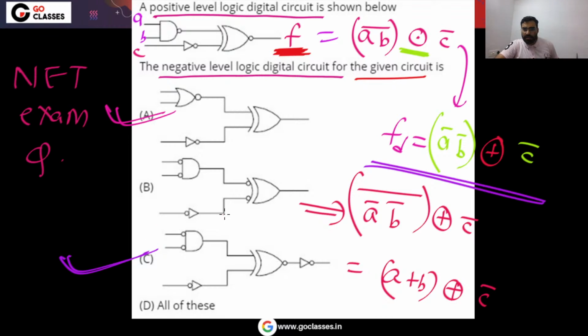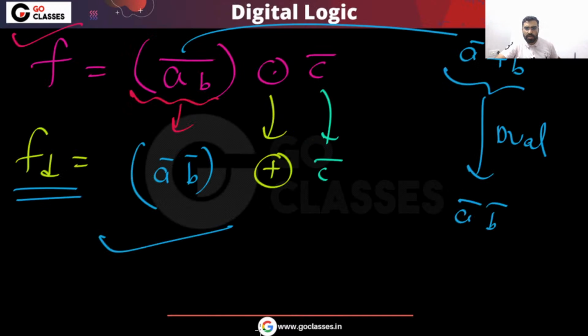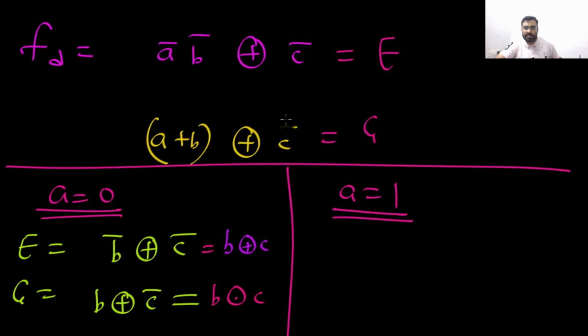Option B is not correct. Oh, sorry, this will be C. So in this situation, both are same. And when A is 1, then what will be E? That will be 0 XOR C bar.